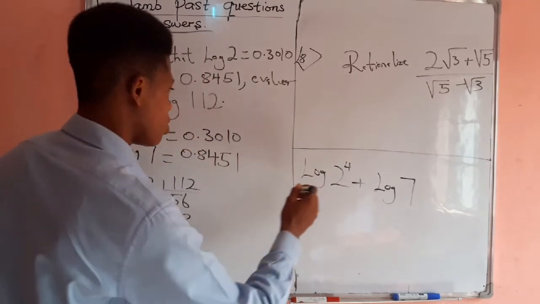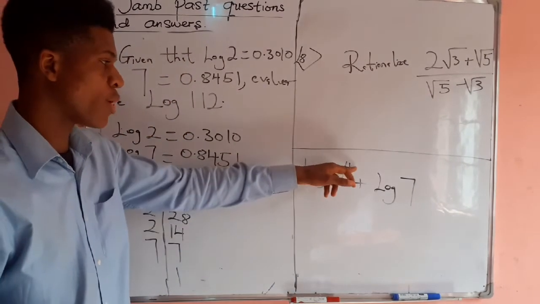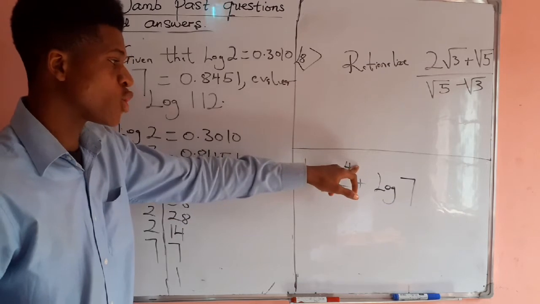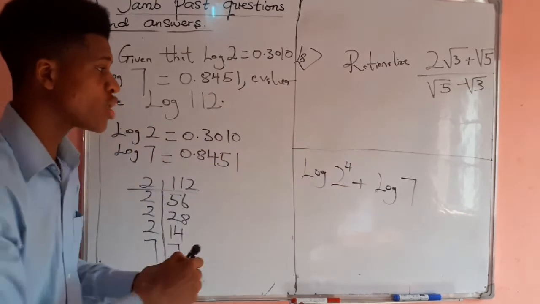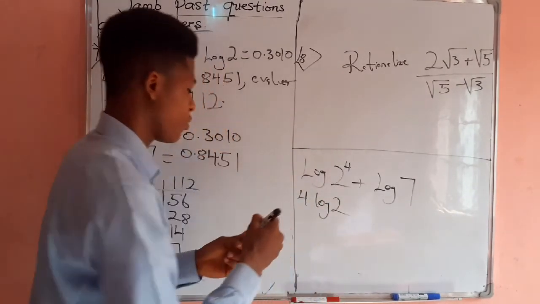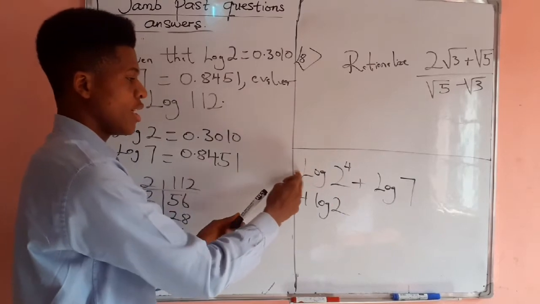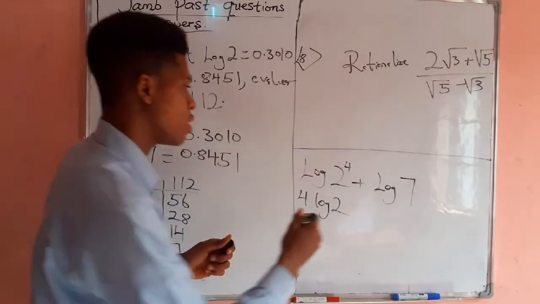So this is what, and we know the law of logarithm. Any number raised to power any number, that raised to power will come first before the log, leaving that number on its own. This is what I mean. This will be 4 log 2, because 4 now is coming over to this side. 2 will be on its own. This is what the law says.